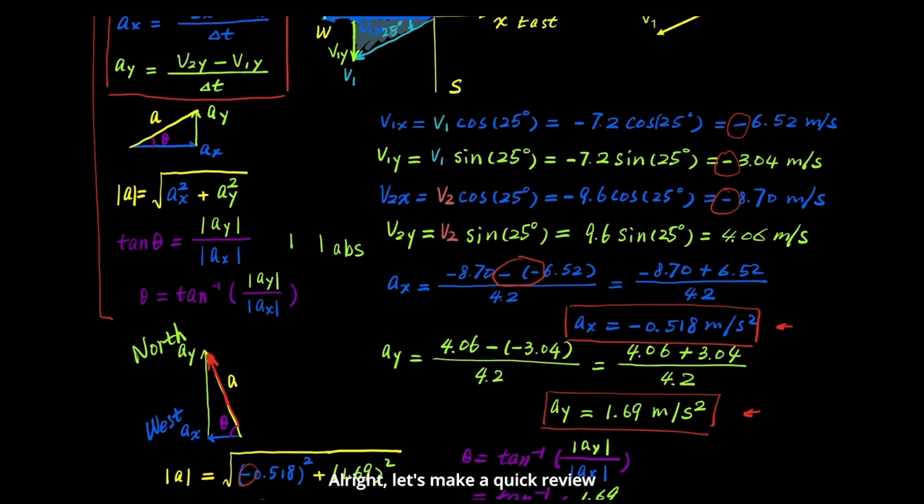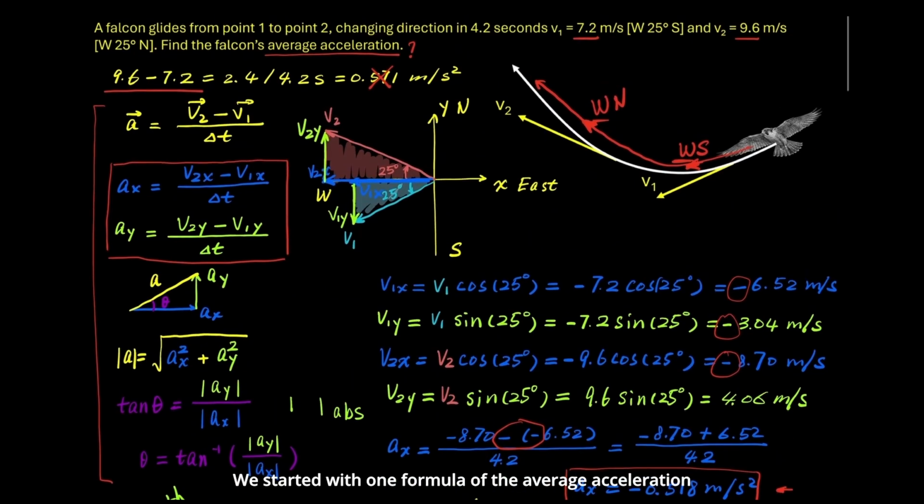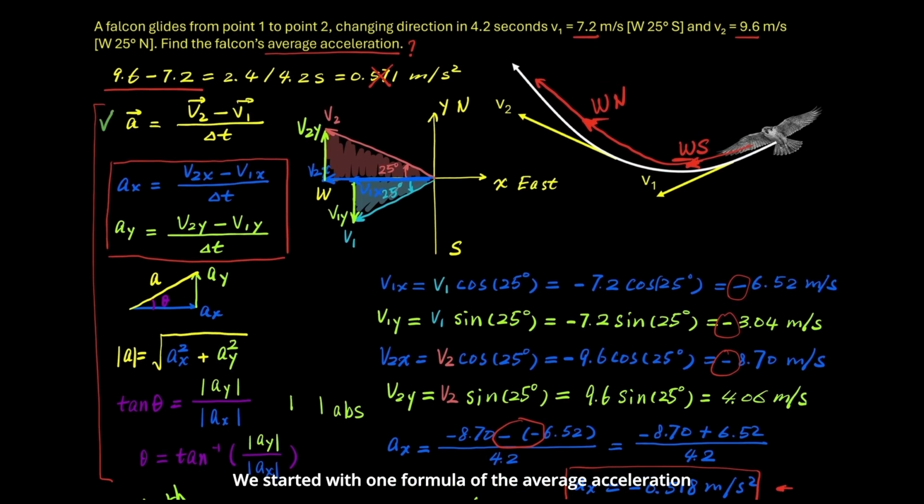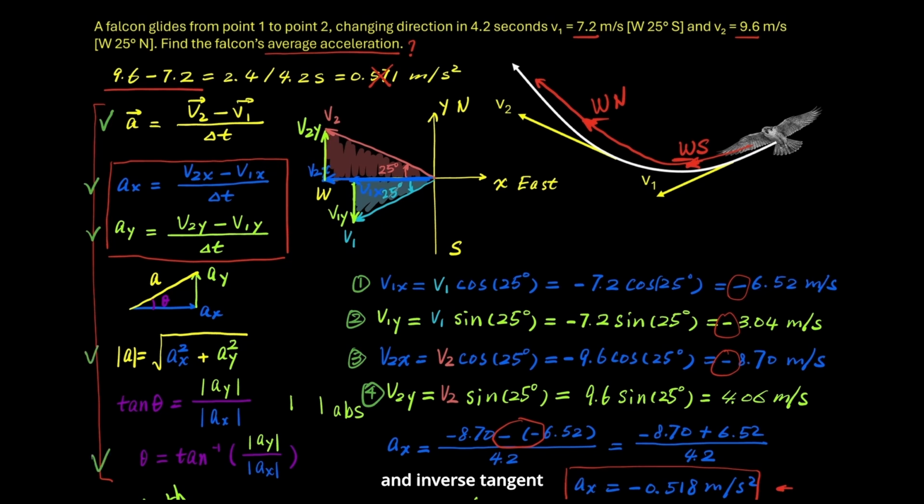Alright, let's make a quick review. We started with one formula for the average acceleration, but we realized we couldn't just subtract the vectors directly, so we broke it into two one-dimensional problems, AX and AY. Then we found all four components, plugged them in, then stitched the answer back together with the Pythagorean theorem and the inverse tangent.